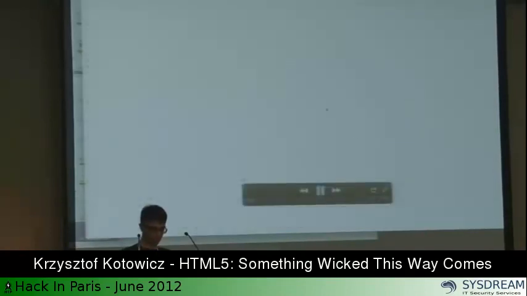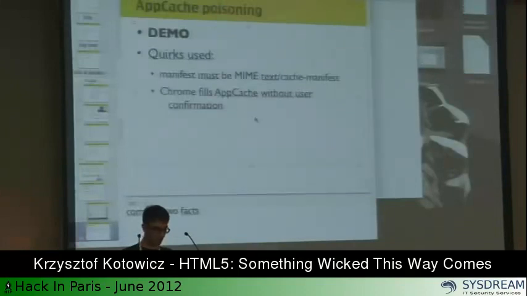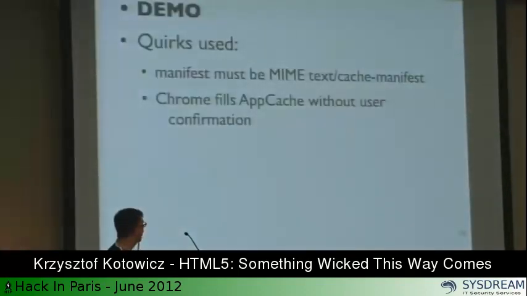So what did we actually abuse? Well, we abused two things. The first thing is the specification says that the manifest file has to be of a certain MIME type. And if it isn't, it won't get processed.